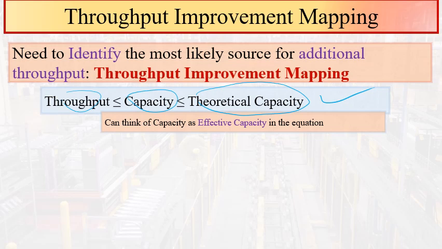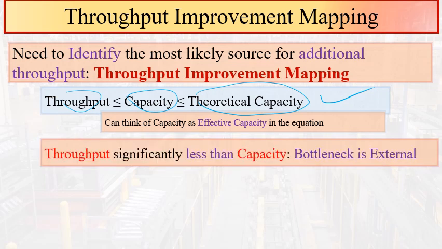But sometimes we could see that the throughput is much less than effective capacity, and then we should be searching for reasons, or if the effective capacity is much, much less than theoretical capacity. So if throughput is significantly less than capacity, then we could say the bottleneck is external.